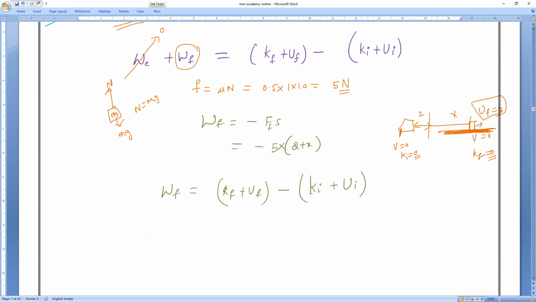So work done by the frictional force is equal to minus 5 into (2 plus x), which is equal to the final kinetic energy, which is 0, since the body has already come to maximum distance.